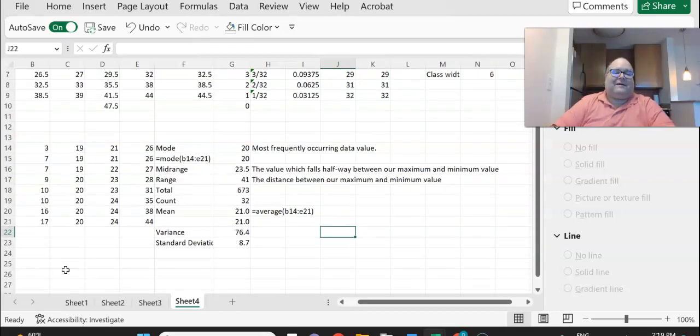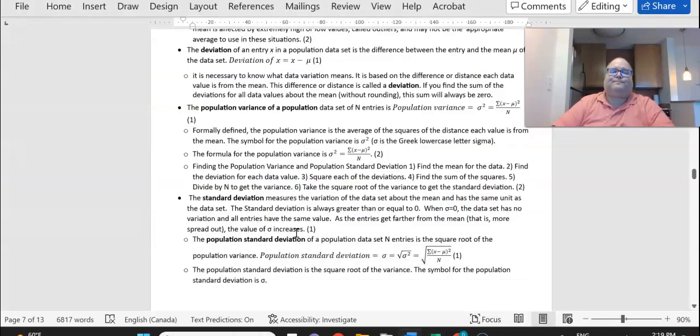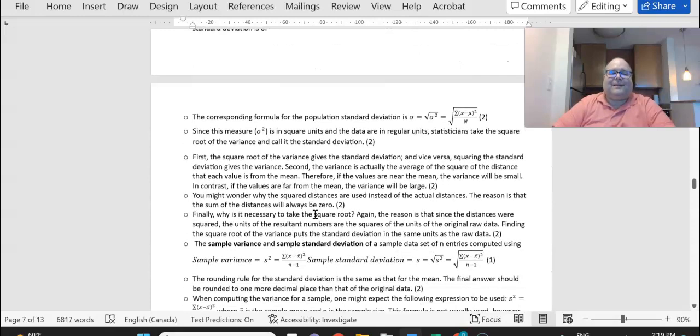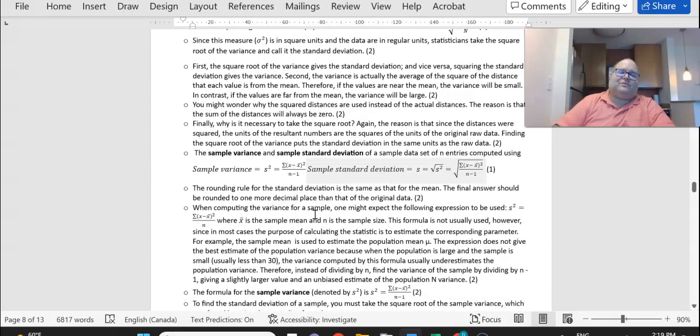If we want to find the standard deviation for a sample, it is done relatively similarly, except that it was found that using just the sample size gave an overly small approximation of the standard deviation. It underestimated it, so they needed to make the denominator a little bit smaller.